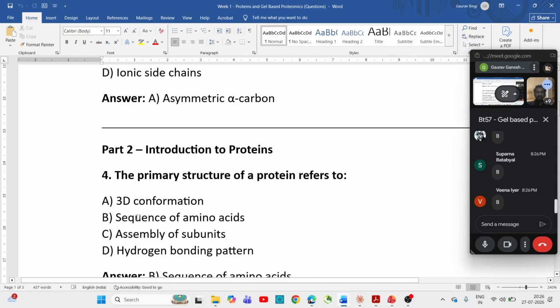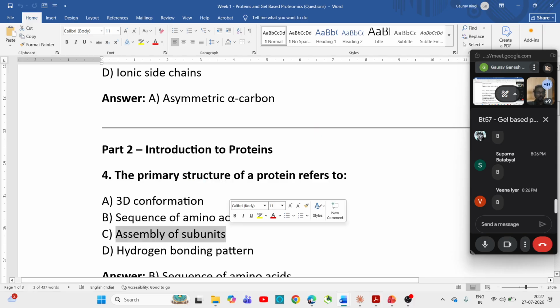So can you all tell me about the 3D conformation in the tertiary structure? What is the C option? What type of structure is it? Is it primary, secondary, tertiary, quaternary? So 3D obviously is tertiary. I don't have to ask that question because of the presence of 3D there.